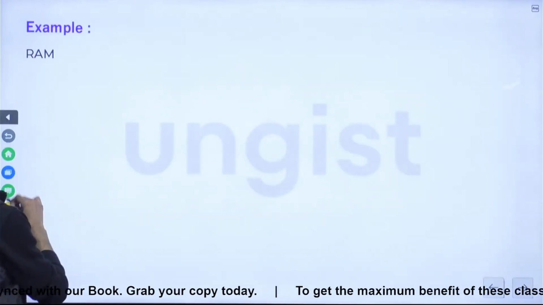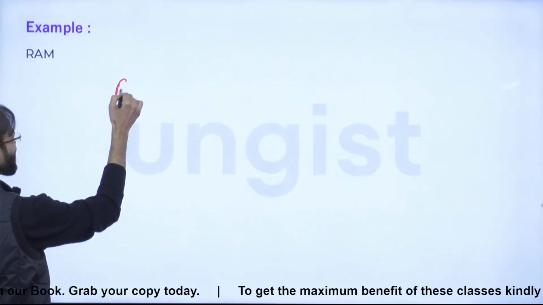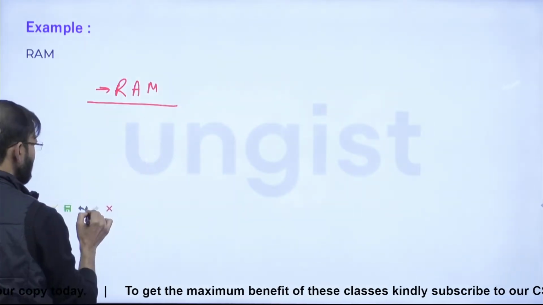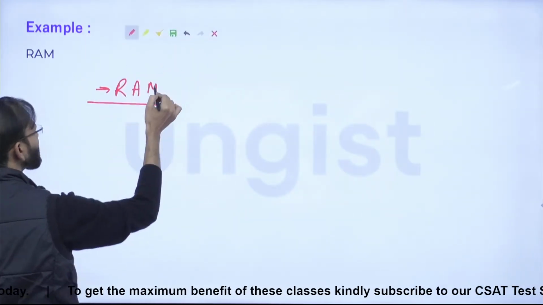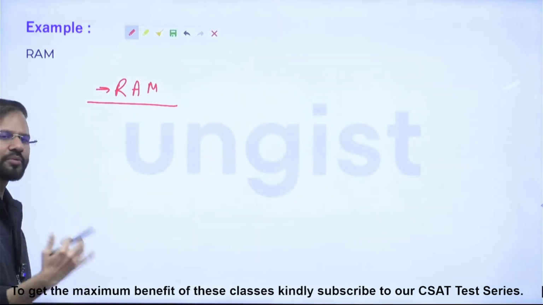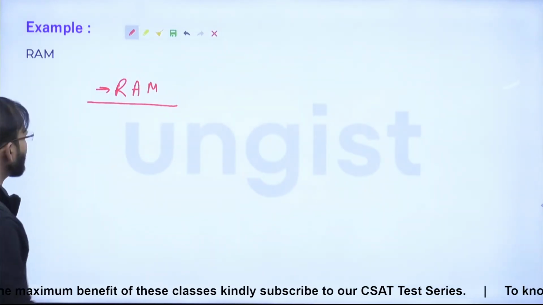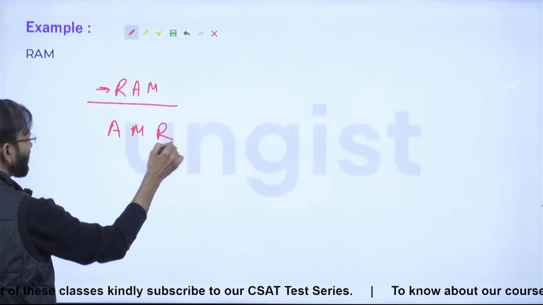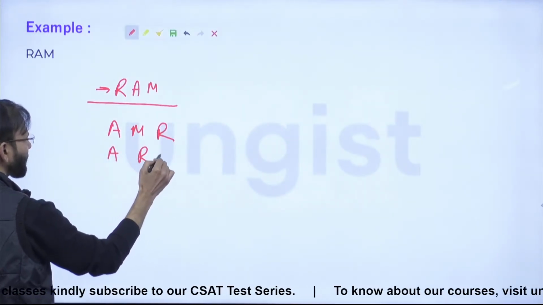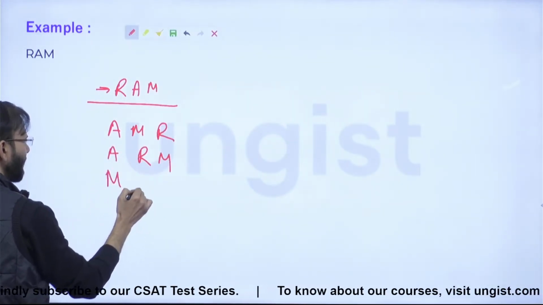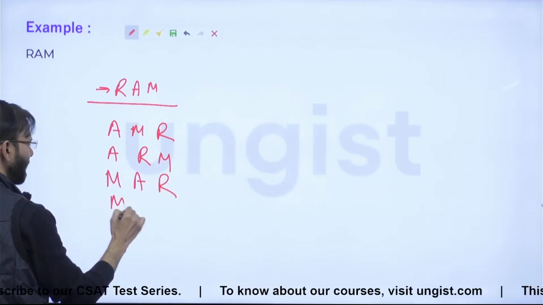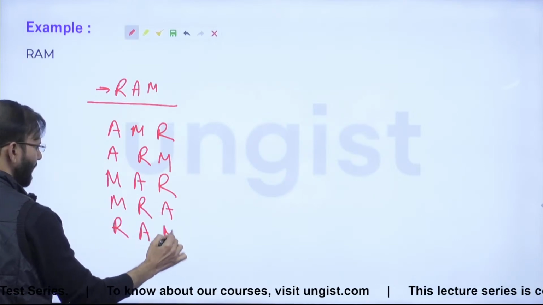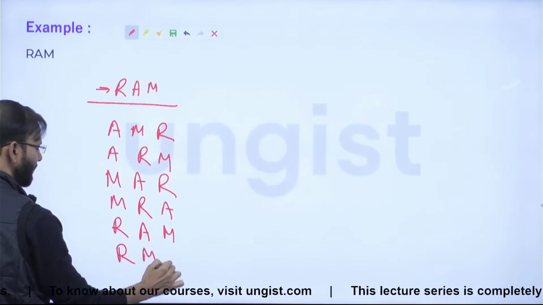Okay, Ram. So yesterday what we discussed is, with all the characters of the word Ram, how many total words can be found, be it meaningful or meaningless, right? So yesterday the answer we got was 6. So this is AMR, ARM, and then MAR, and then MRA, and then RAM, and then RMA, right?